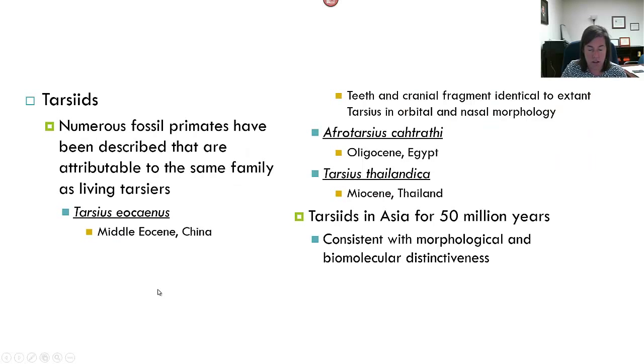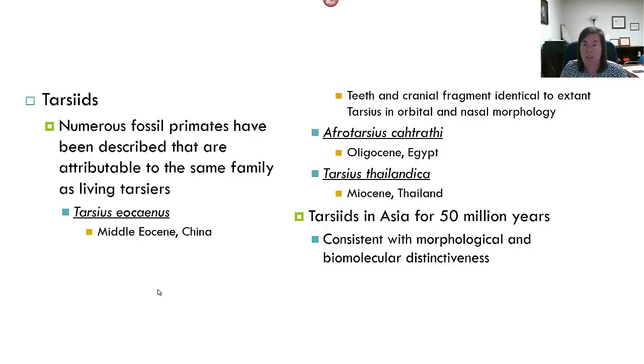So the tarsiids. Numerous fossil primates have been described that are attributable to the same family as the living tarsiers. 3 of them are Tarsius eocaenus, from the Middle Eocene of China. We have teeth and cranial fragments that are identical to extant Tarsius in orbital and nasal morphology.